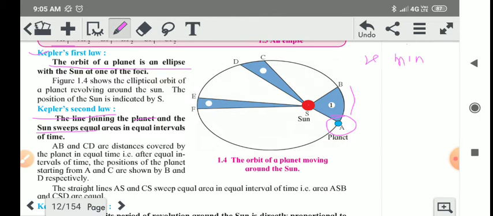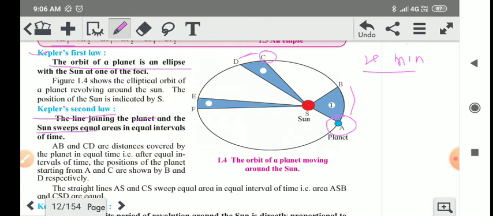So in x minutes planet A travels from A to B. Now in the same time, if the planet is initially at position C and the time is the same, that is x, then in time x this planet moves from C to D.